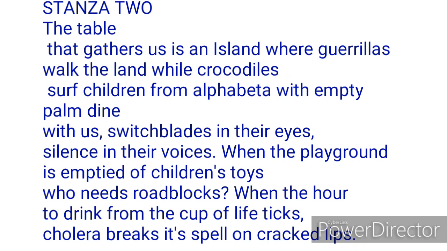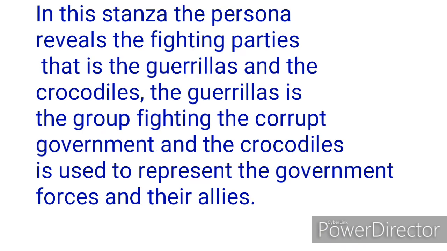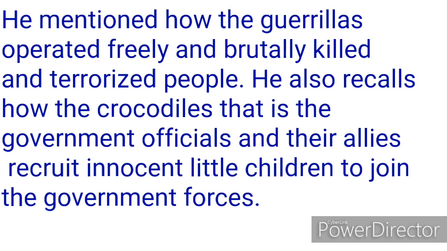In this stanza, the persona reveals the fighting parties, that is the gorillas and the crocodiles. The gorillas are the group that fights the corrupt government, and the crocodiles represent the government forces and their allies. He mentioned how the gorillas operated freely and brutally killed and terrorized people.